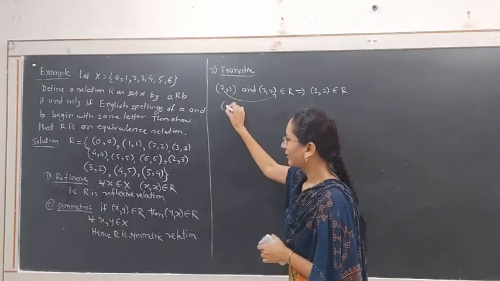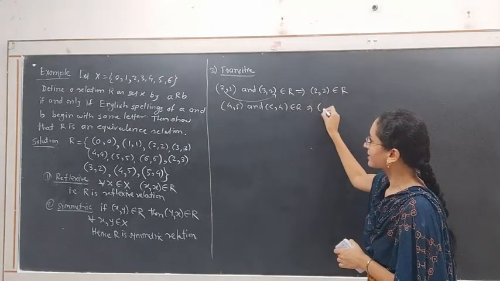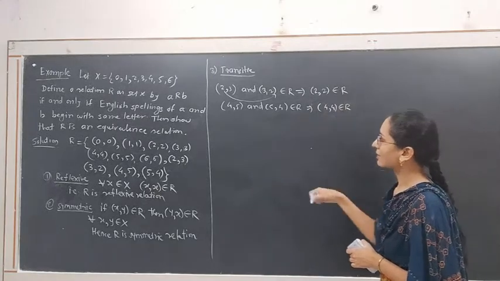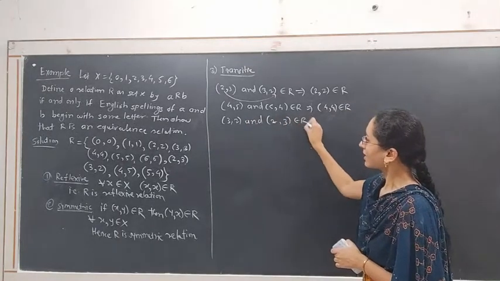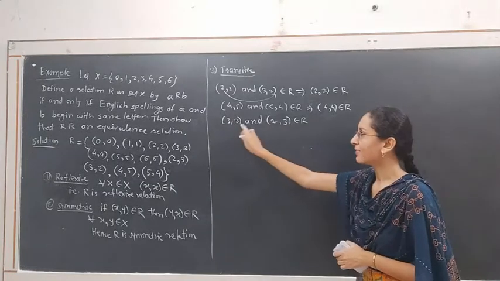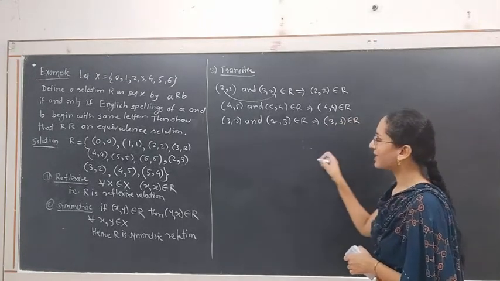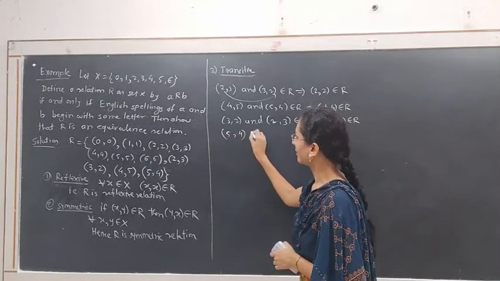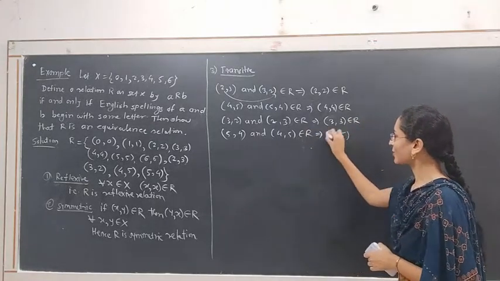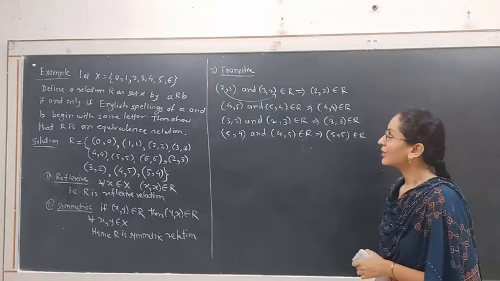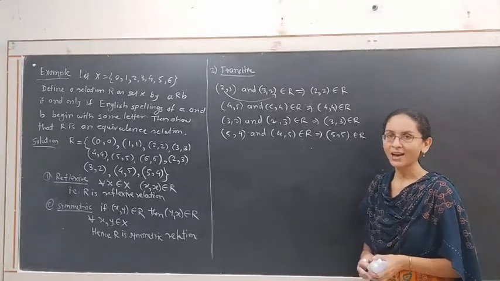Also, if (4, 5) and (5, 4) belong to R, this implies (4, 4) belongs to R. Also (3, 2) and (2, 3) belong to R. Ordered pairs of the type (x, y) and (y, z) belong to R. This implies ordered pair (x, z), that is (3, 3), belongs to R. Similarly, if we consider these two pairs (5, 4) and (4, 5) in R, then ordered pair (5, 5) also belongs to R. Hence, the definition of transitive relation is true for all x, y, z belongs to set X. Hence, R is a transitive relation.